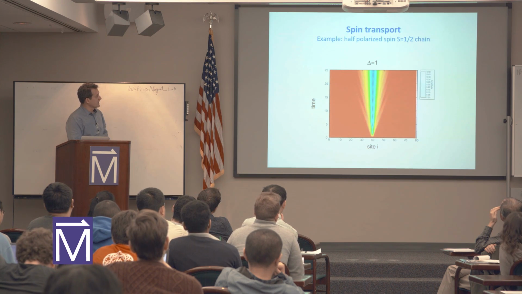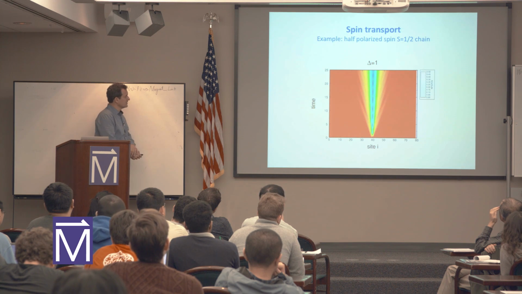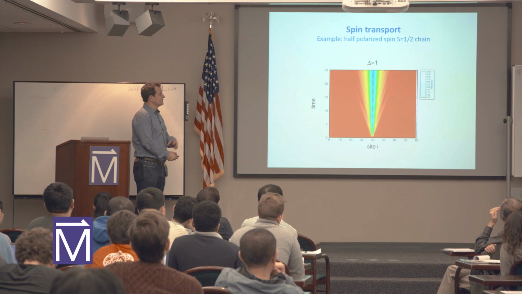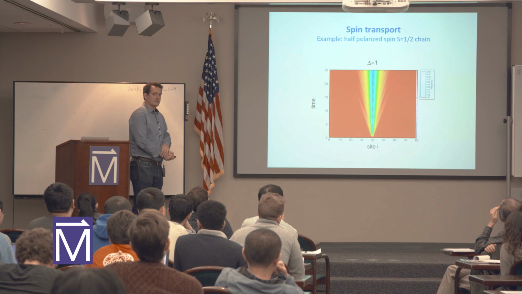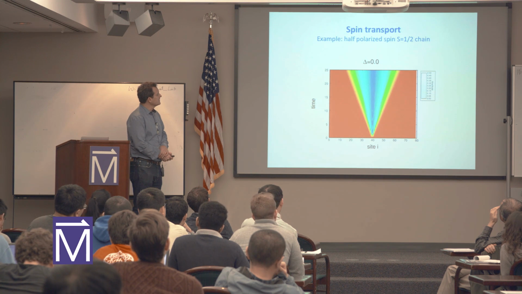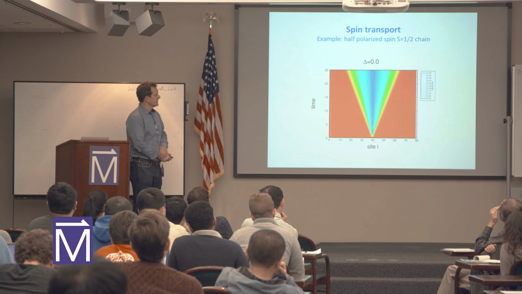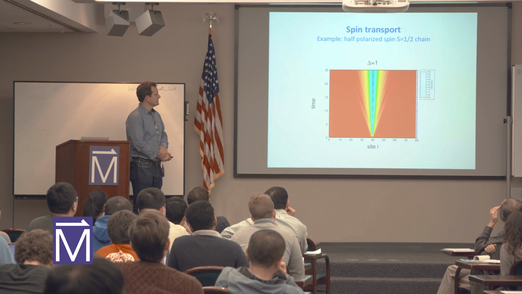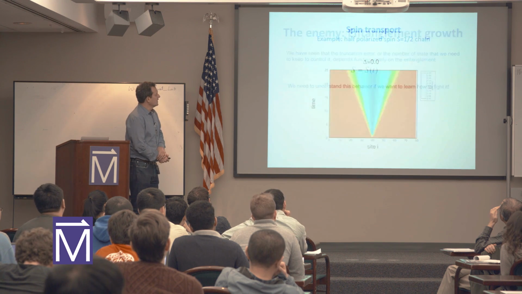This is for different cases. It turns out that if you take an XXZ chain, by tuning the value of delta, you can go from diffusive behavior to ballistic behavior. Actually, I think the delta is the other way around. So this is ballistic, this is for the isotropic chain, and this is for the anisotropic chain. It's the other way around.